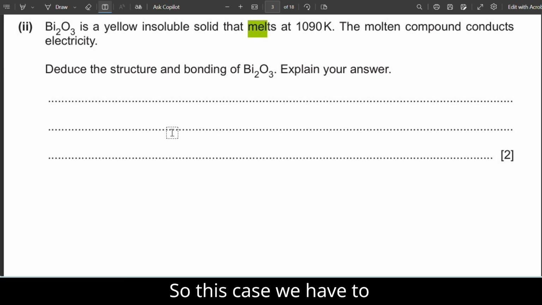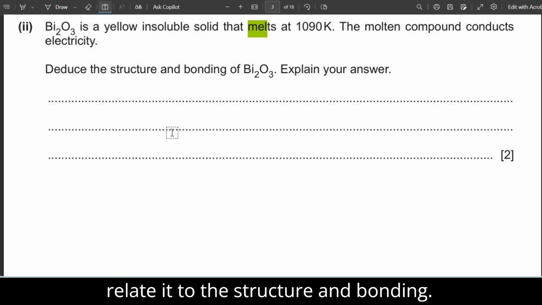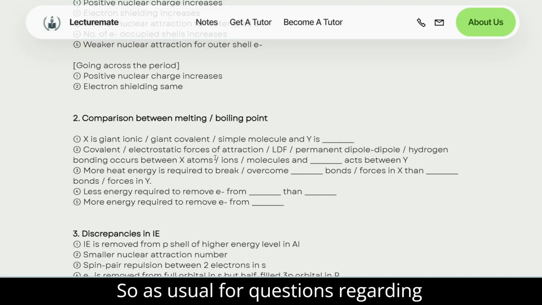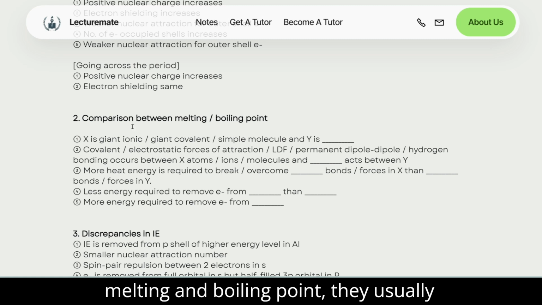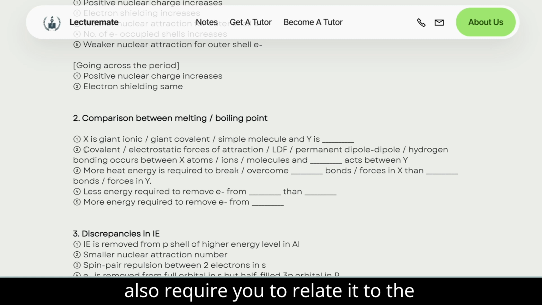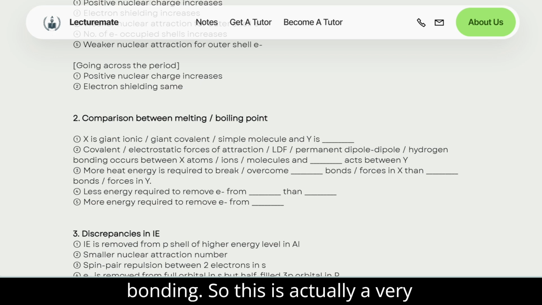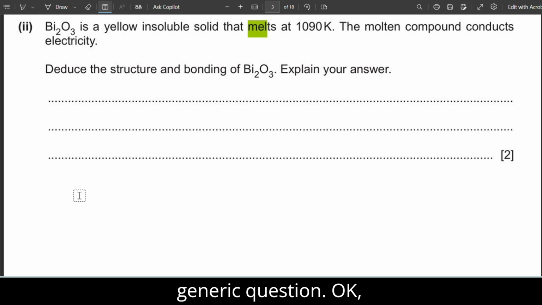In this case, we have to relate it to the structure and bonding. As usual, questions regarding melting and boiling point usually require you to relate it to the structure and the bonding. This is actually a very generic question.